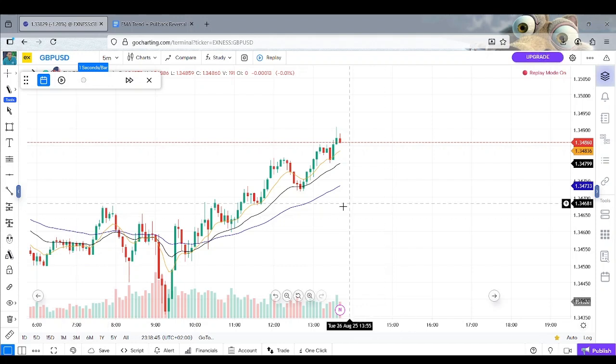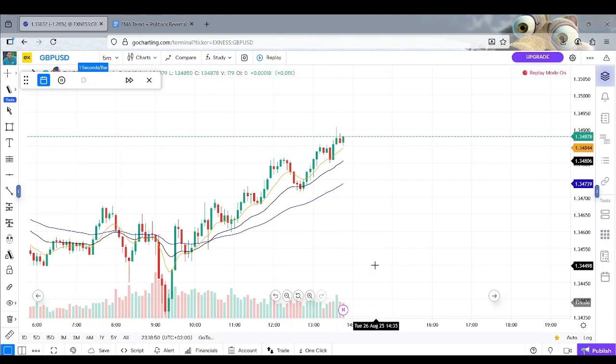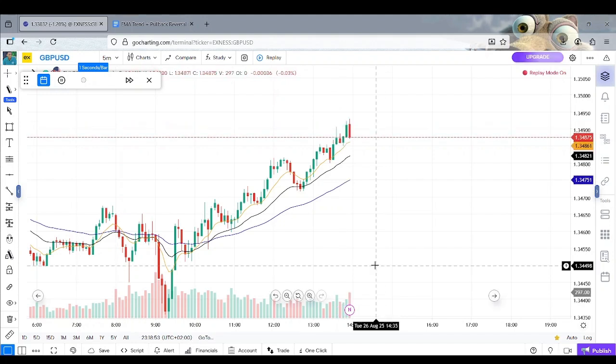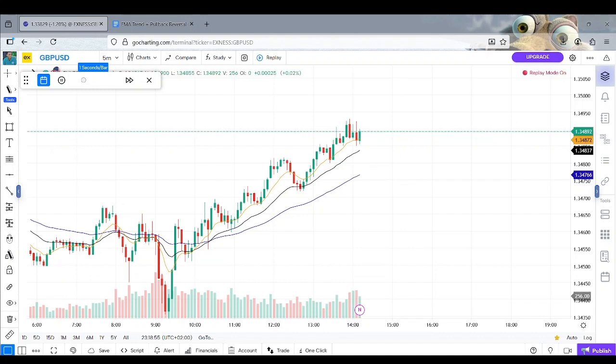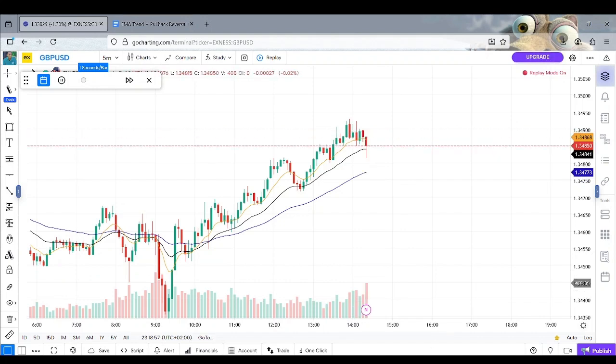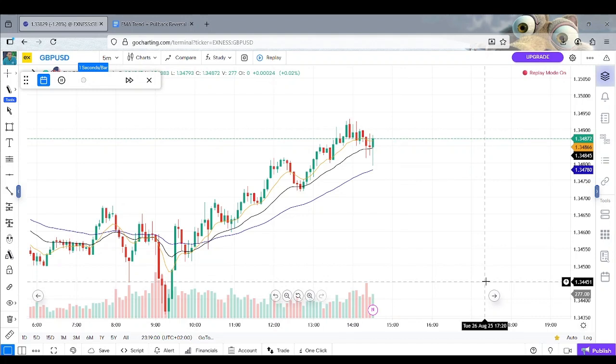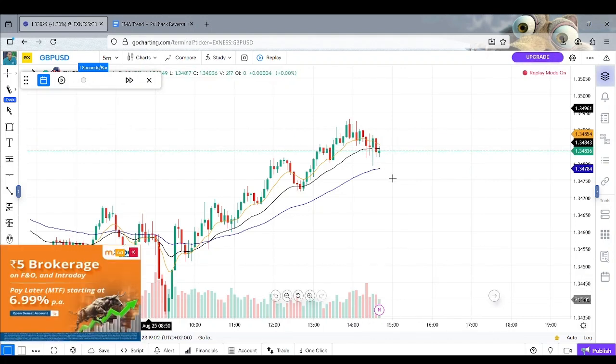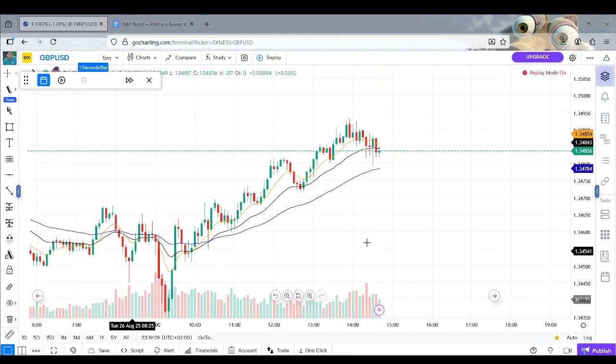What's the time? Ooh, hold. Okay. New York has just opened, and yeah, it's a pullback. Right. The opening is part of the pullback.